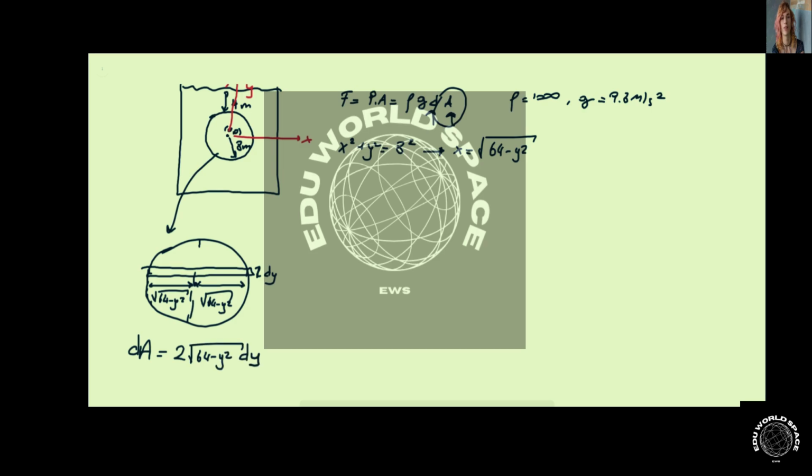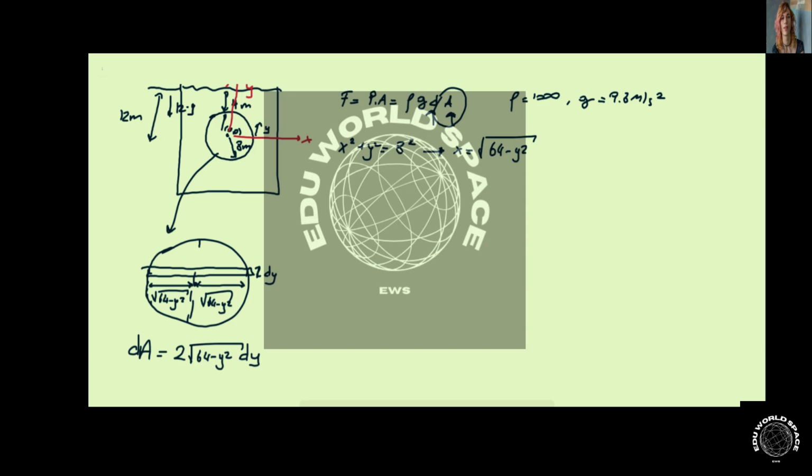Now, we are measuring y from the origin, and this is positive y. But don't forget pressure depends on the depth, and we measure depth from the surface of the water. So if this distance is 4 and the radius is 8, the total distance from the origin to the surface is 12 meters, and the depth would then be 12 minus y.